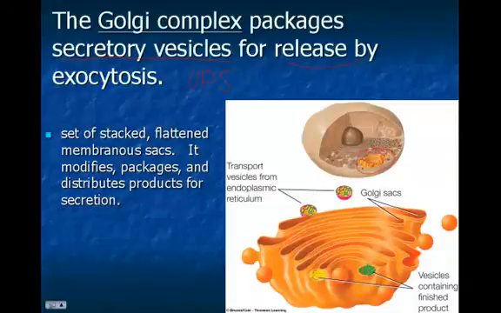And it will be accepted, and that's what you're seeing here, these little transport vesicles with proteins inside of them that are coming from the endoplasmic reticulum. And then they'll take those proteins to the Golgi apparatus or Golgi complex, and inside this Golgi complex, the proteins can be modified and then ultimately packaged up with little ID tags on these vesicles that basically tell that vesicle where to go.